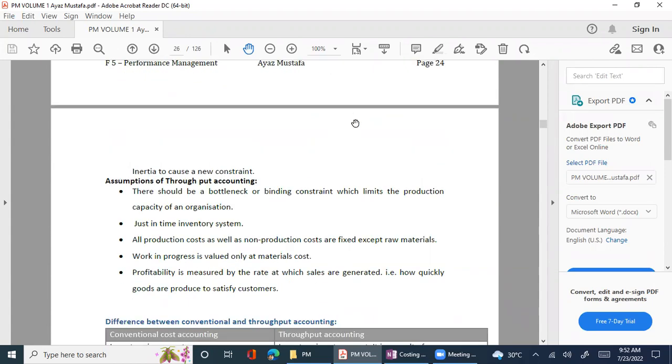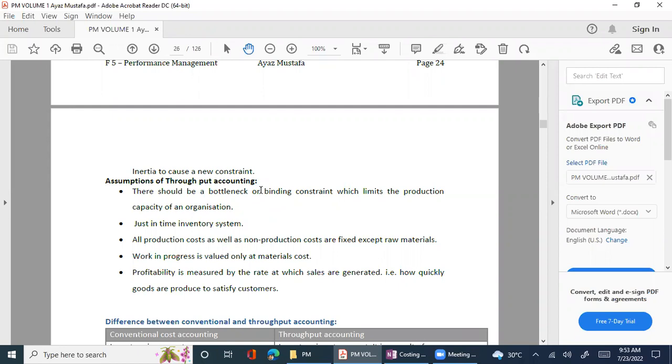There are some assumptions. There should be a bottleneck or binding constraint which limits the production capacity of the organization. A just-in-time inventory system is used. It is very important to know that throughput accounting assumes a just-in-time inventory system.